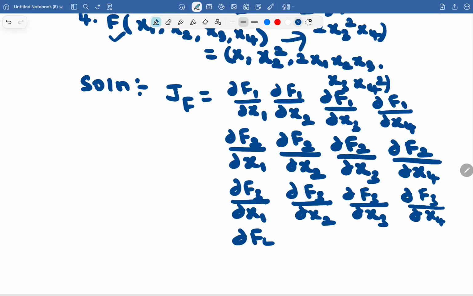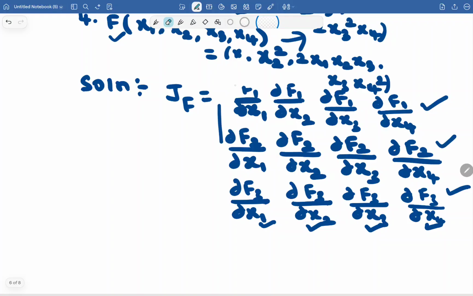Since it is 3 cross 4, 3 rows and 4 columns. Don't write a row for f4.